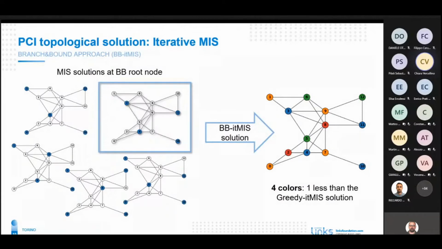Also in this case, to exemplify, I reported here the same graph as before. The plots on the left represent all the MIS solutions found at the branch and bound root node, and we can see that finally we found a coloring which has one color less than the greedy iterative MIS solution, and we can see also that the selected MIS solution at the root node is the one with one vertex less than the maximum independent set solution.